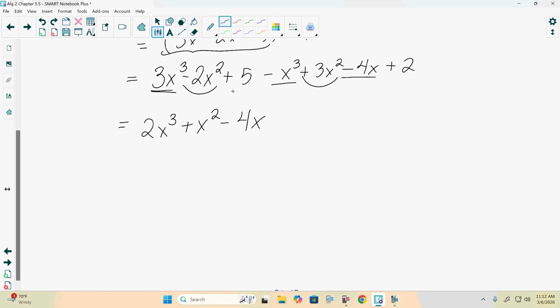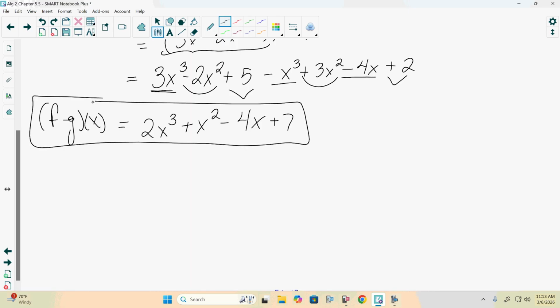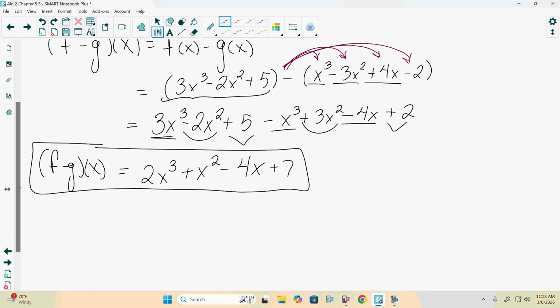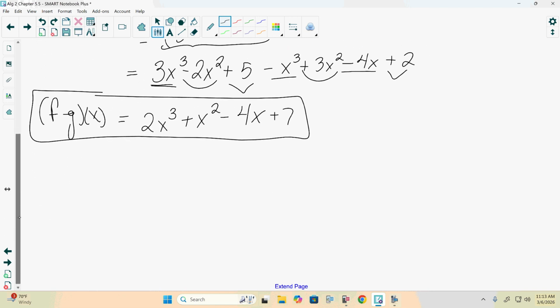However, the last thing we have is our constant terms, 5 and 2. 5 plus 2 is 7. Questions on how we got to this point here?